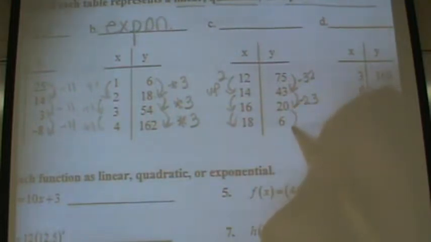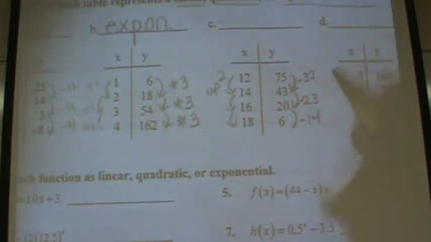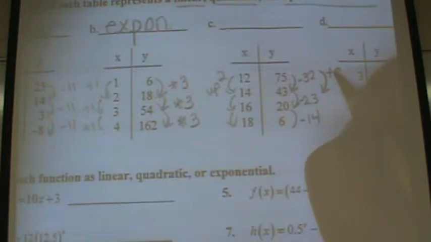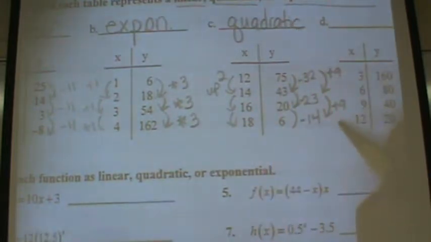And this one's going down by 14. I don't see any pattern yet. But from here to here, what's that doing? It's going up by 9. And this is also going up by 9. So this has a common second set of differences, so this one's quadratic.